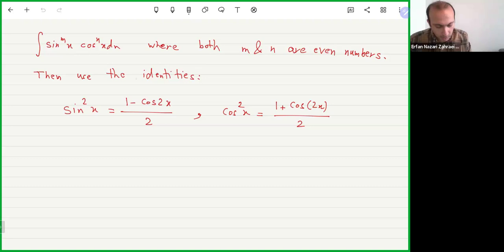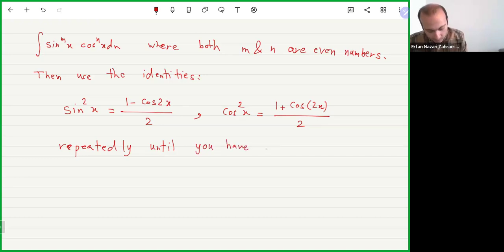So the idea is to use the identities repeatedly until you have odd number of sine or cosine.